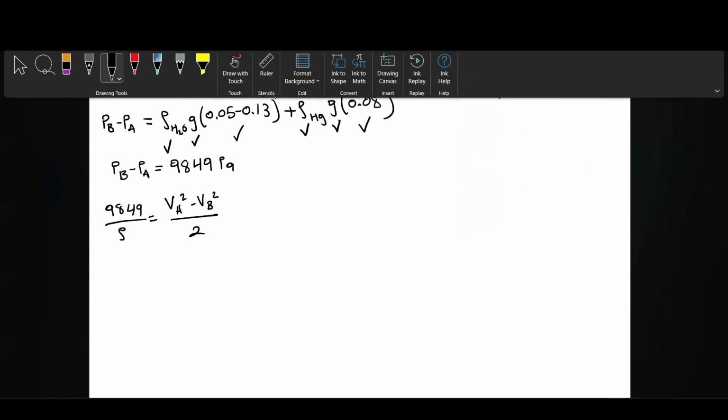So we know density, we know this value here. The only two that we don't really know is VA and VB. We'll solve that using our conservation of mass. So if you guys remember conservation of mass, I'll write it over here.